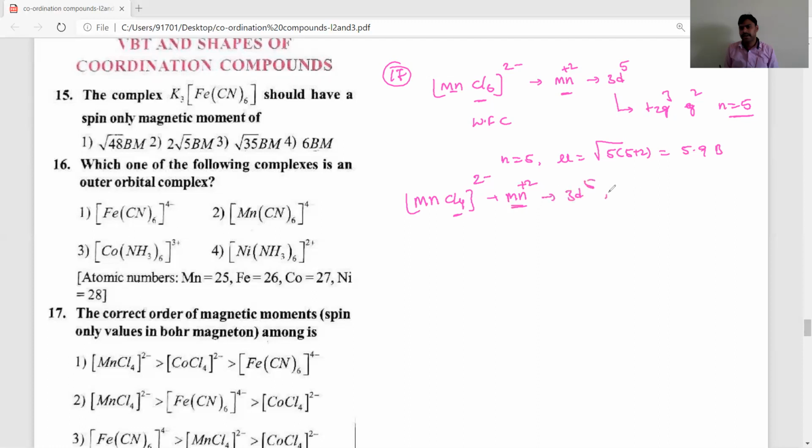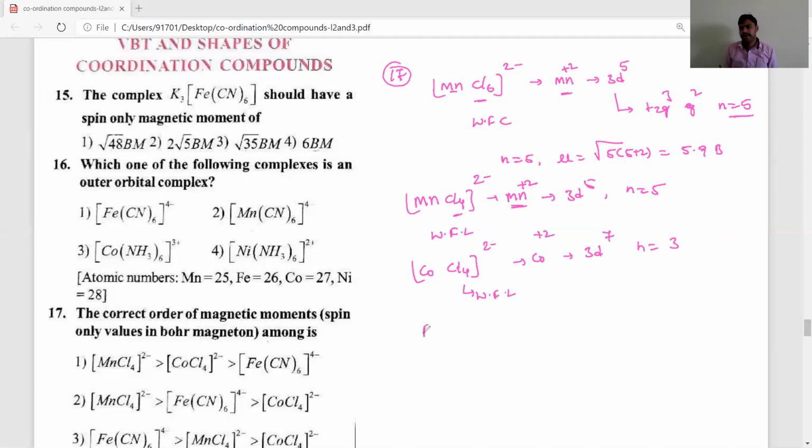It is also a weak field ligand, so the electrons are distributed according to Hund's rule, and n is equal to 5. The second one is [CoCl4]2-, with cobalt in the +2 oxidation state, so it is 3d7. Chloride ions are also weak field ligands. How many unpaired electrons are present here, students? 3 unpaired electrons are present.